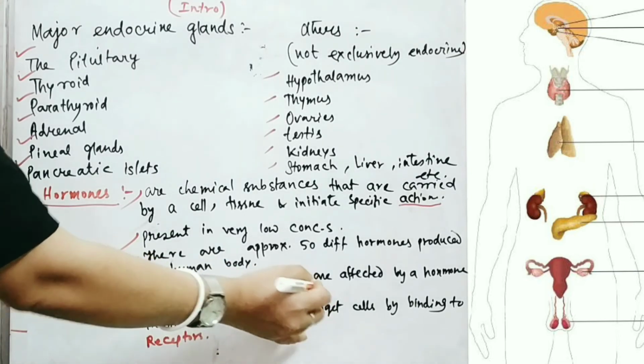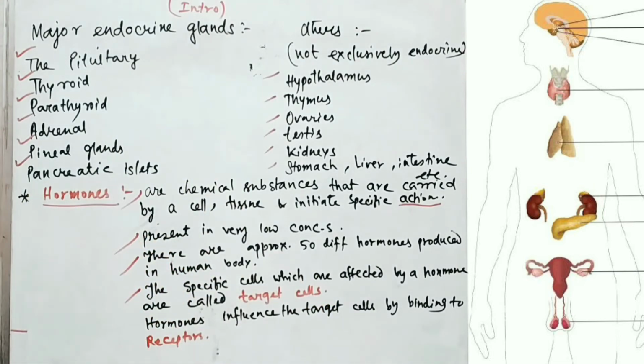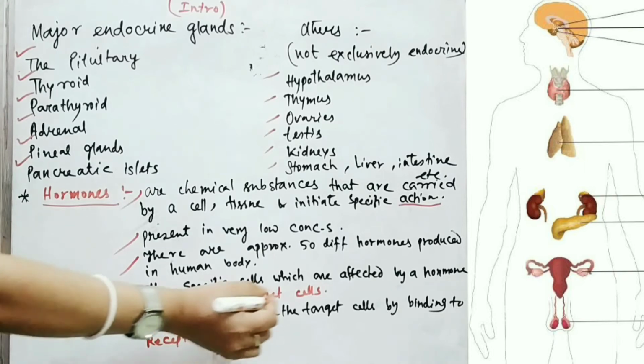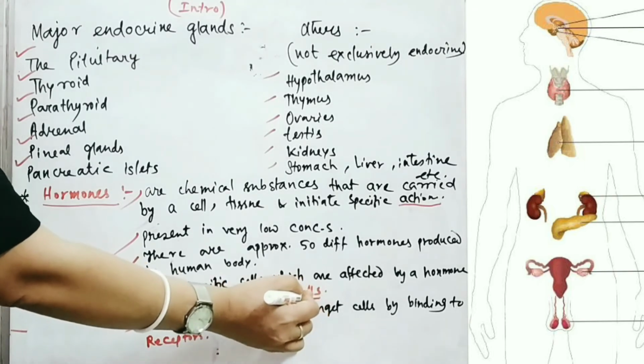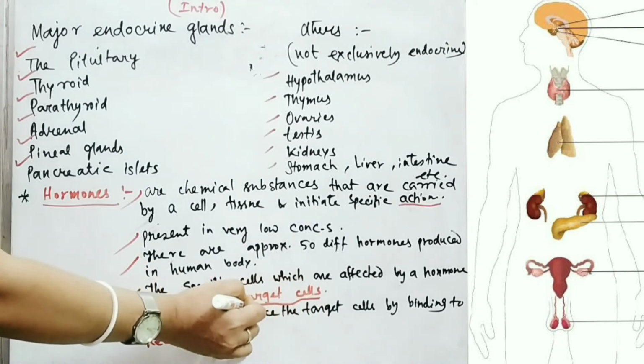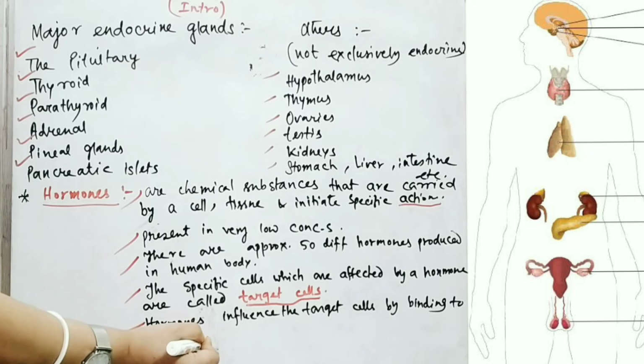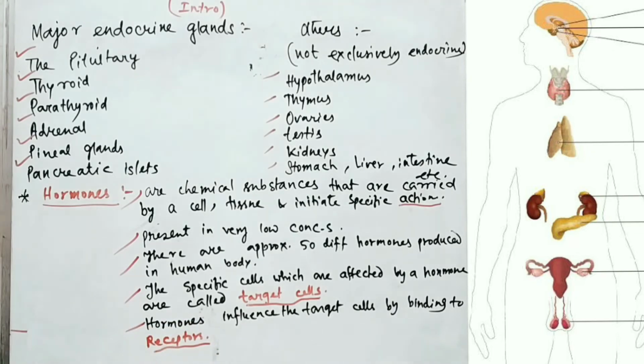The target cells are those cells which are affected by the hormones, and how the hormone works is that it binds to the receptors of the target cells. The organ in which the target cells are present is called the target organ, and the cells have receptors which can bind with the hormones.